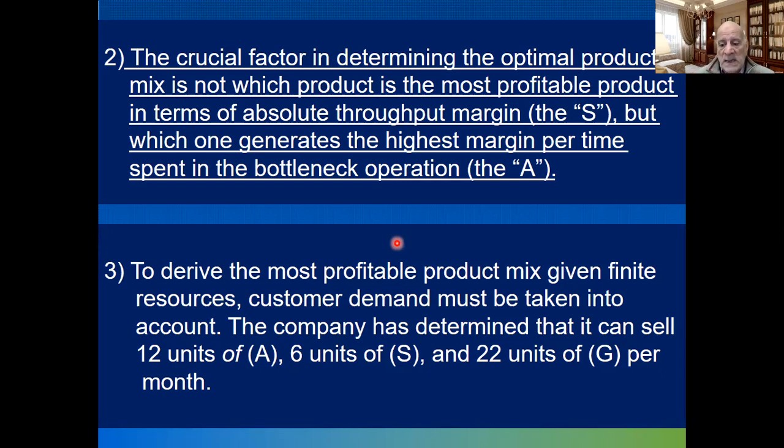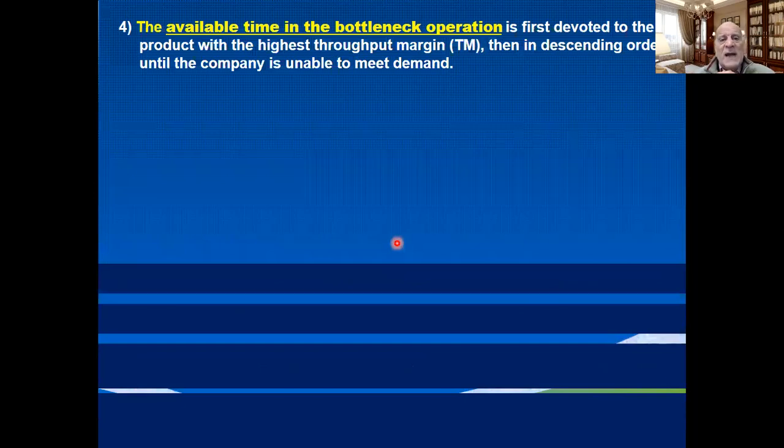Okay? So the available time in the bottleneck operation, which was 150 testing hours, is first devoted to the product with the highest throughput margin.